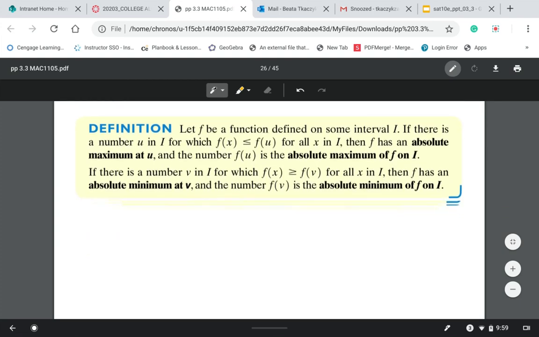So absolute maximum is the highest point on the graph.